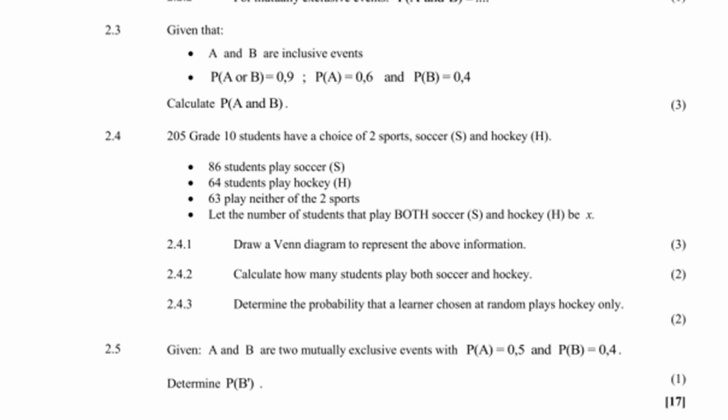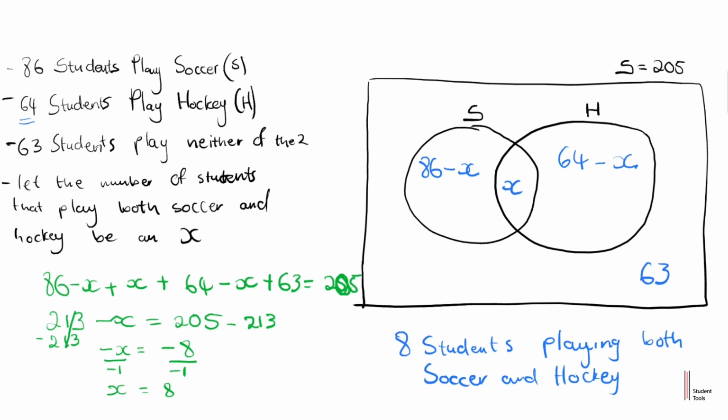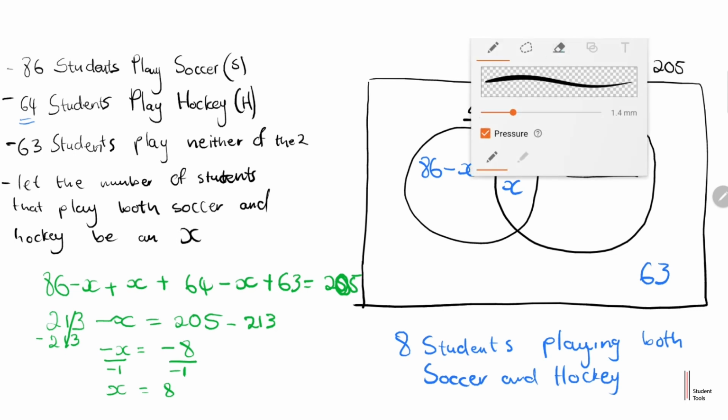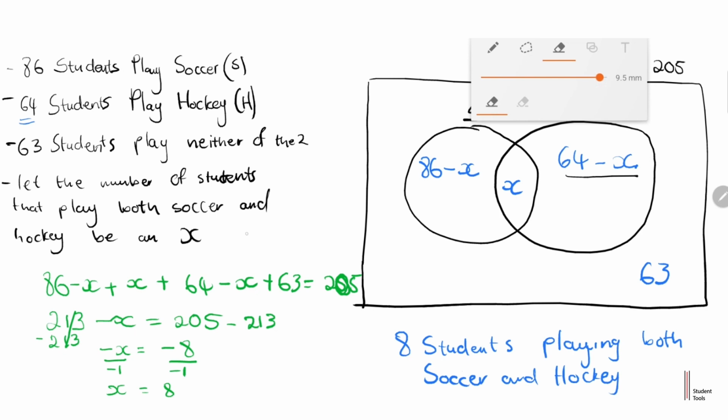2.4.3, determine the probability that a learner chosen at random plays hockey only. Okay, so on our Venn diagram, for hockey only, we have 64 minus x. So that is hockey only. Okay, let us create some space to write on.